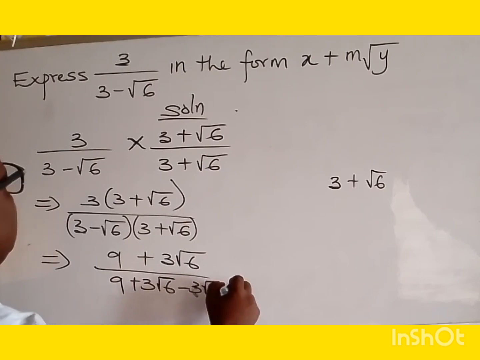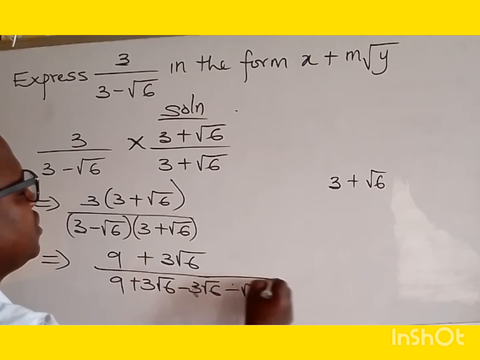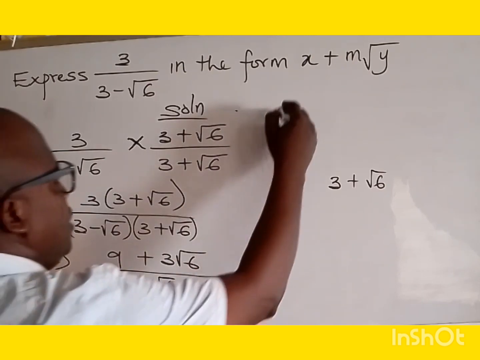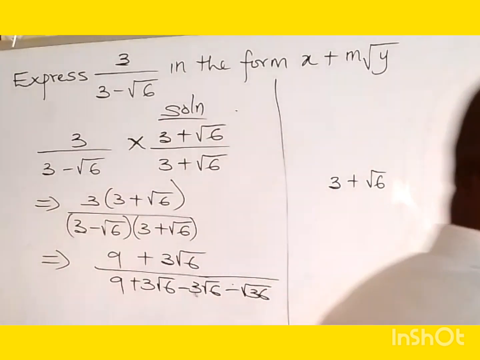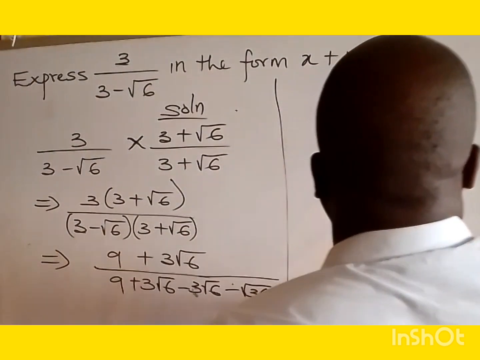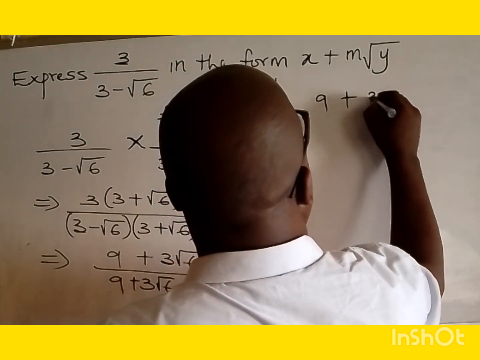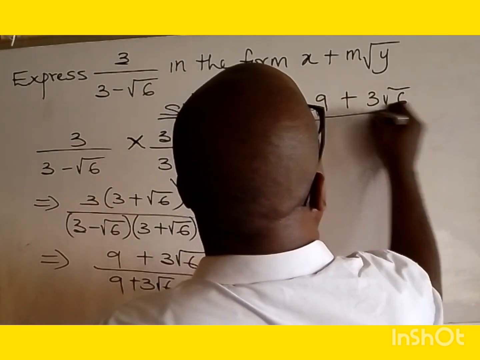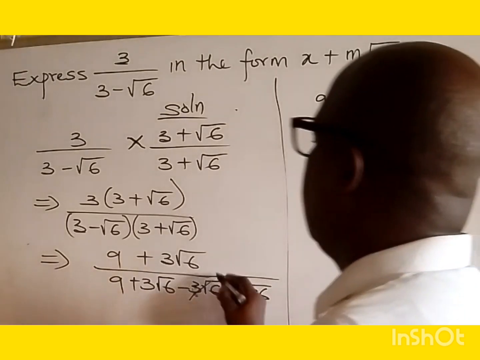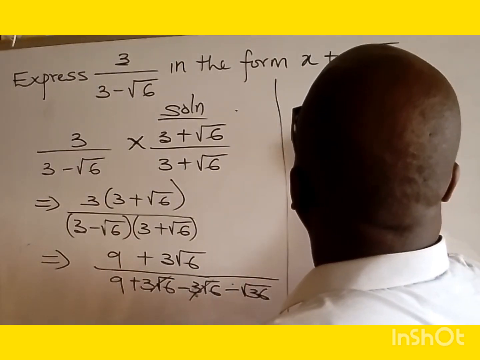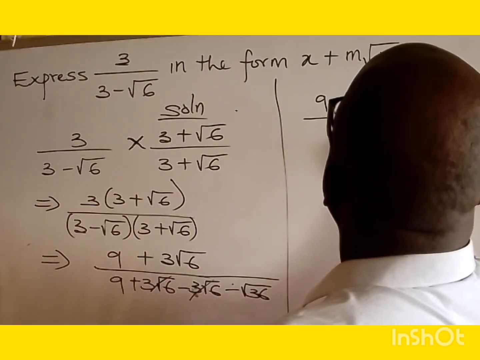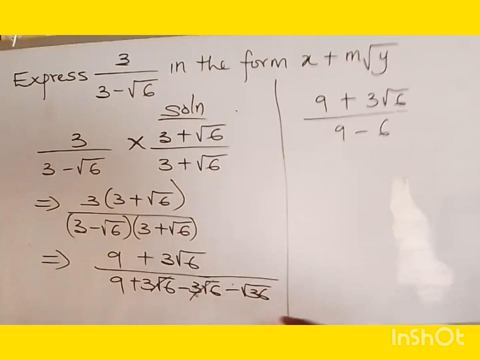Then we have minus root 36. So from here we are going to have 9 plus 3 root 6 all over 9 minus 6, because the root of 36 is 6.